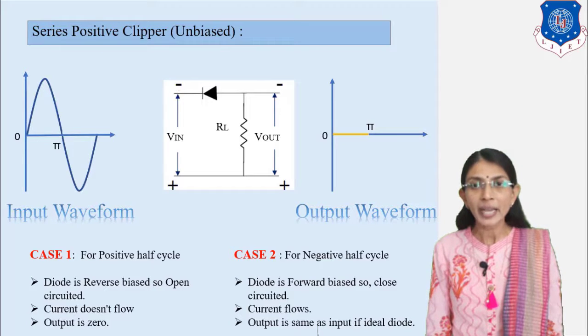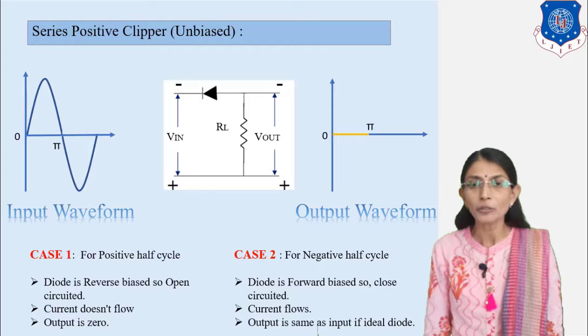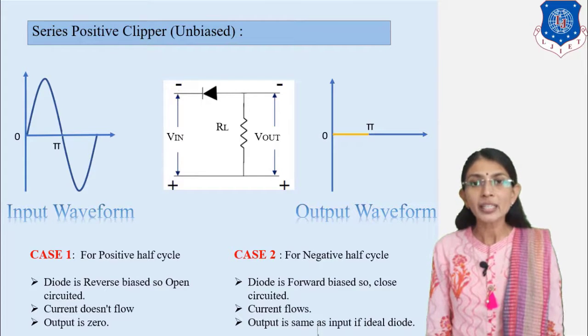And due to this minus connection with the N type diode terminal, the diode becomes forward biased. Thus, for case 2, for the negative half cycle of the input, the diode goes into forward bias condition. That means current flows and the diode acts as a short circuit or closed switch.